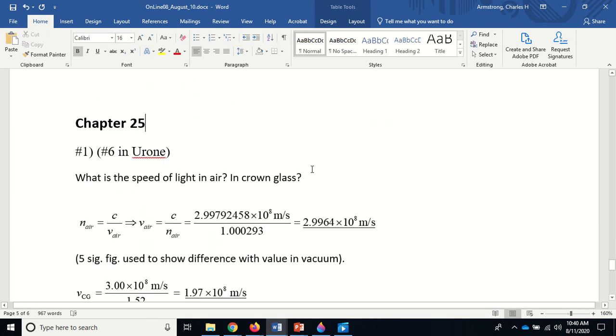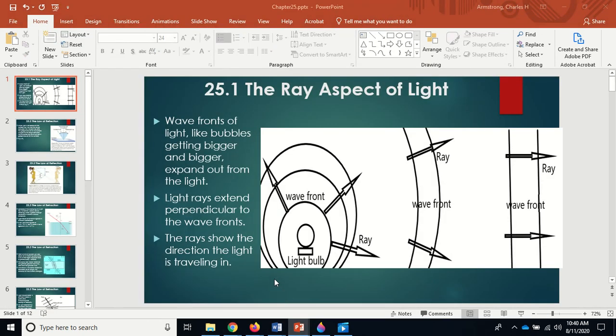Okay, and now that's chapter 5. So now we're talking about the aspect of light. The book talks about rays, and this is a picture I made for another class earlier this summer, because I didn't like the way the book was doing it.